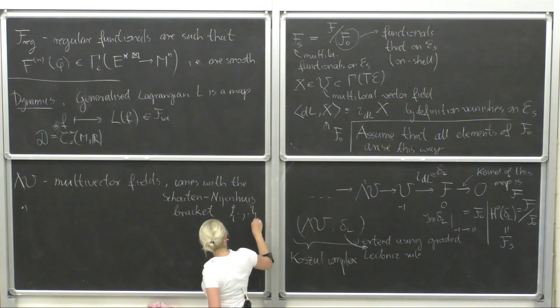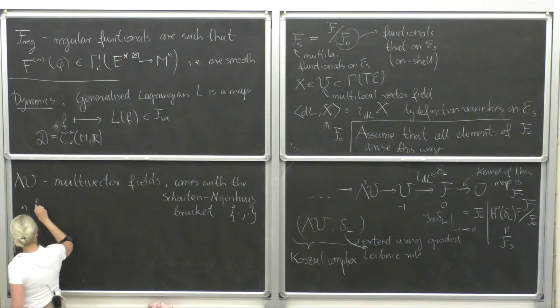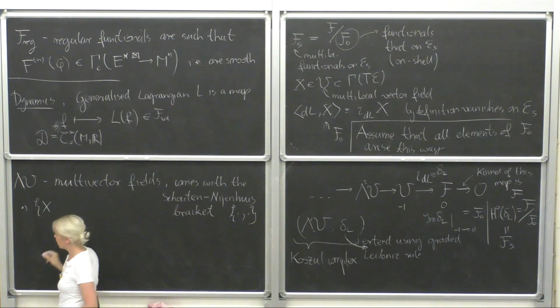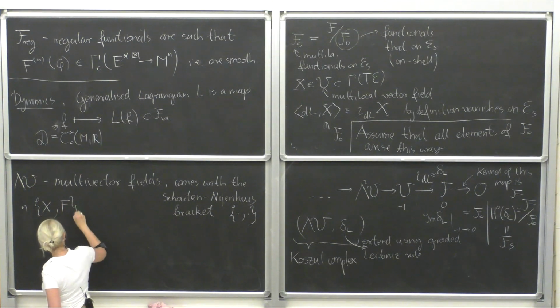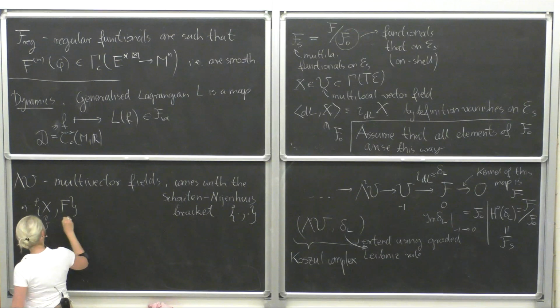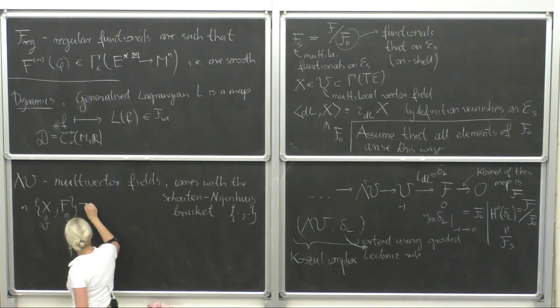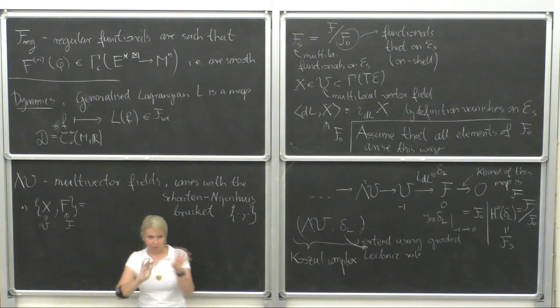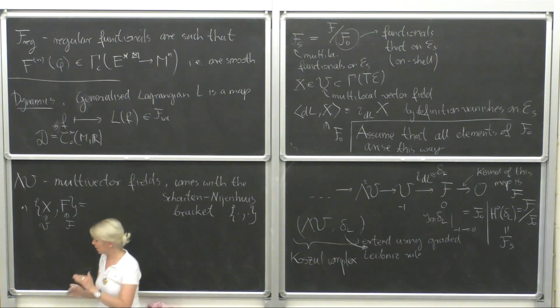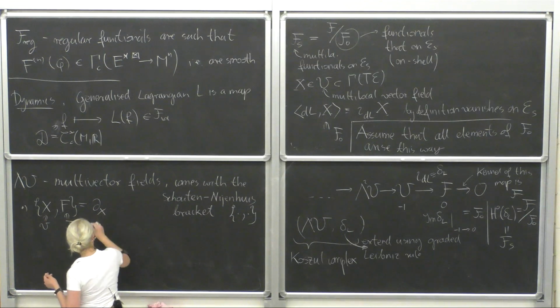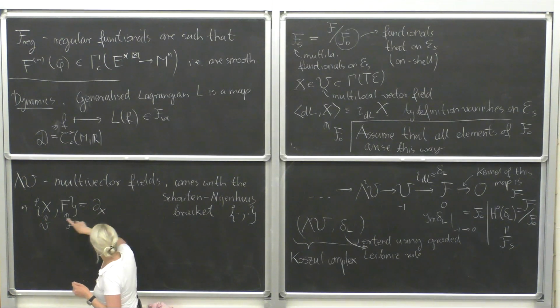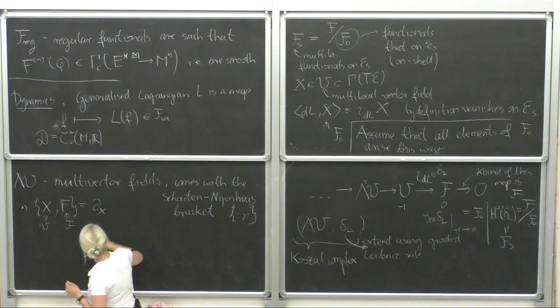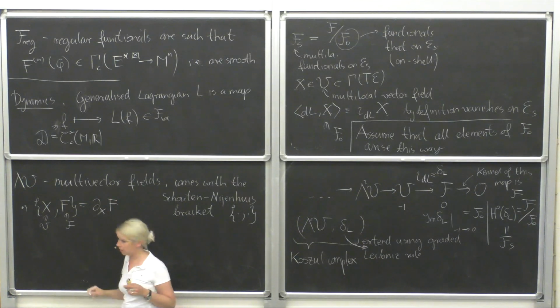So I'm going to use this notation. So if I take a vector field and a function, so this is in V and this is in F, this Schouten bracket, and I might be really messing up the signs, so forgive me, is going to be the vector field X acting on F as a derivation.